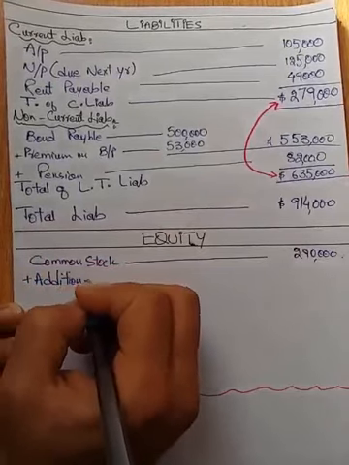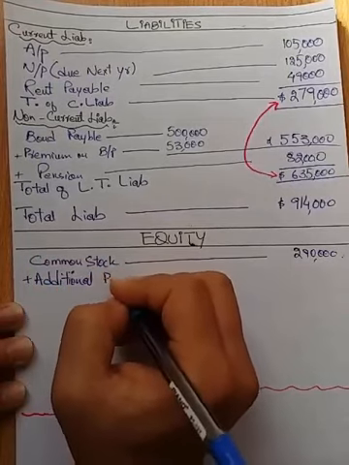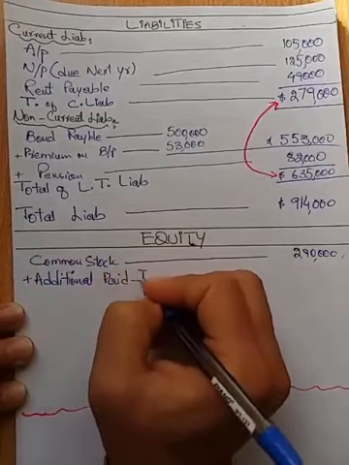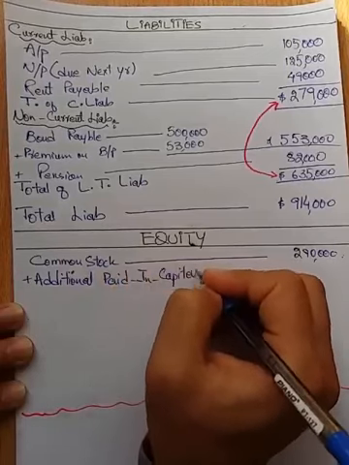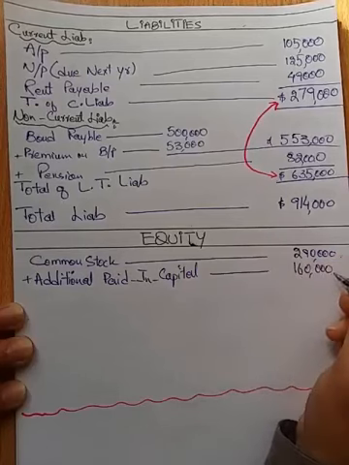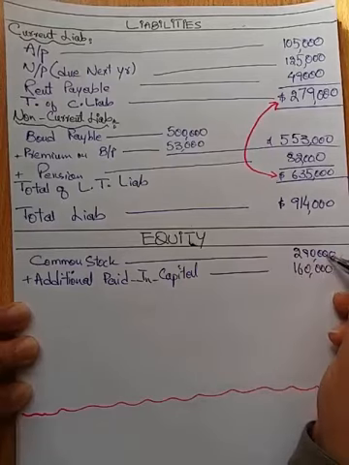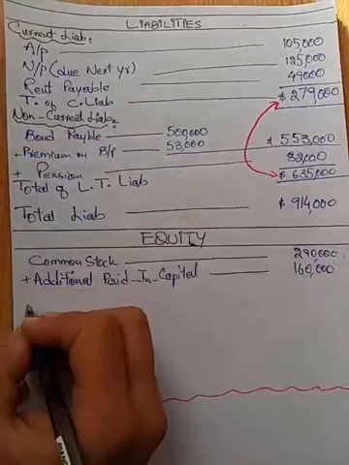Additional paid in capital means if the common stock is issued at a price of more than its legal value, stated value, or the par value, or whatever the market has allowed us to do. So we issued it at a higher price. This is the total money that we actually got from the investors.